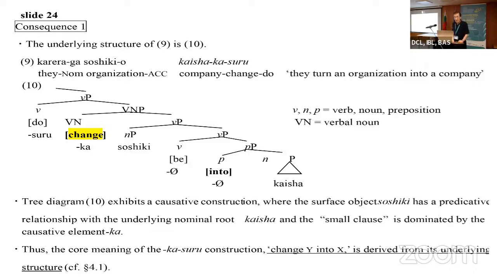So in tree diagram 10, 組織 be into 会社, organization be into company, and か means change. So this tree diagram means to change the organization into a company.